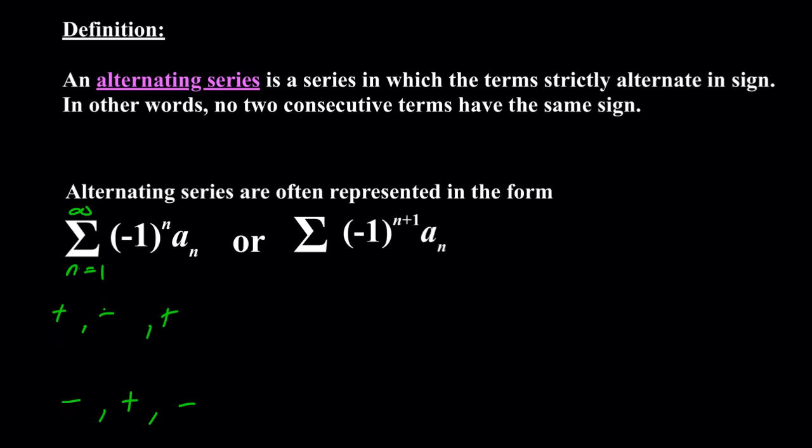And the other one does basically the opposite, whereas if this starts out with n equals 0 and goes to infinity, then what you're going to have is -1 to the 0 plus 1, so that would be -1 to the first power, which is a negative.